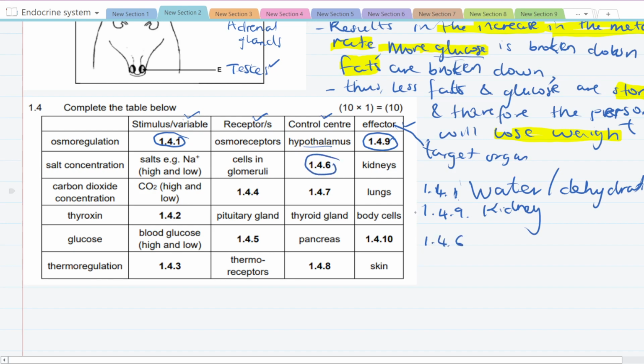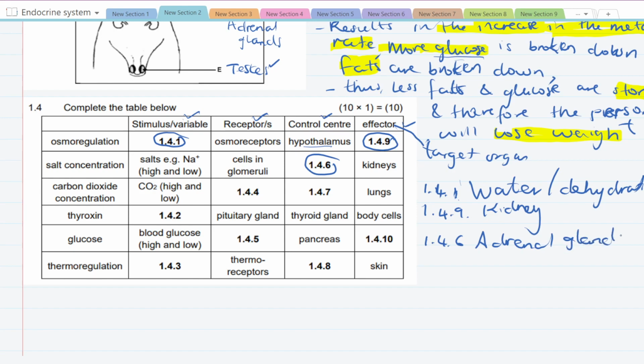I'm answering this question. The control center, what is secreting this, it will be the adrenal glands. Adrenal glands are the ones that secrete. So this will be adrenal glands, and of course you still have your target organ as the kidneys.